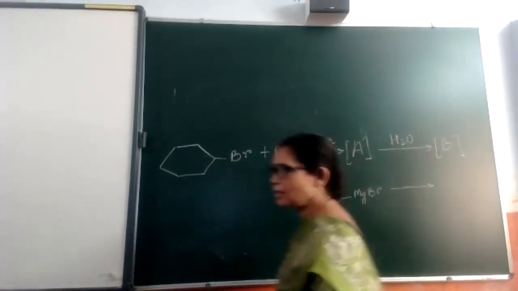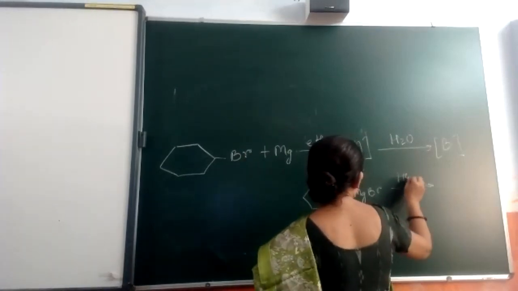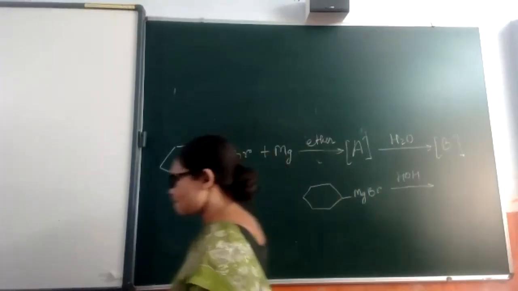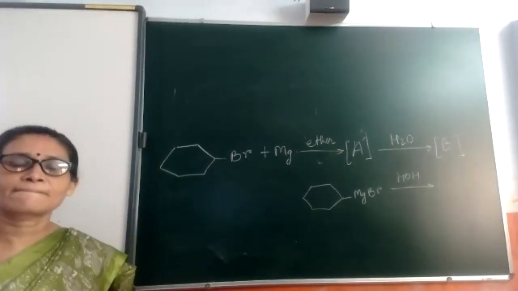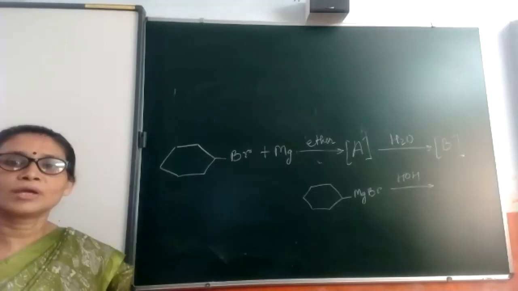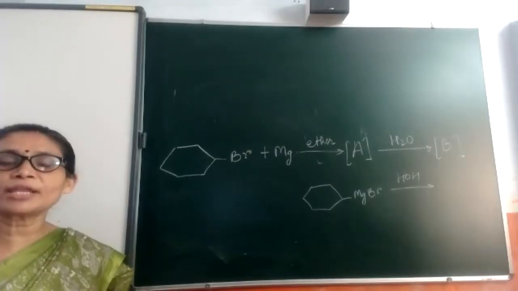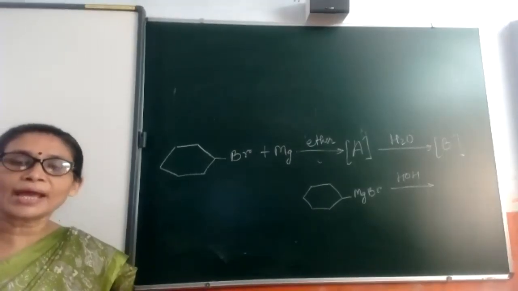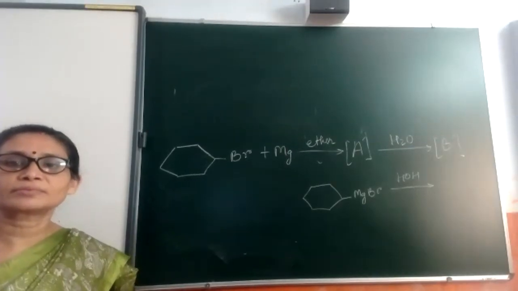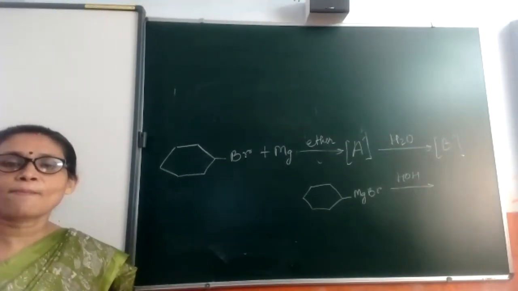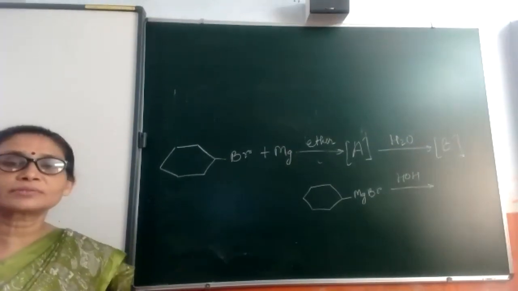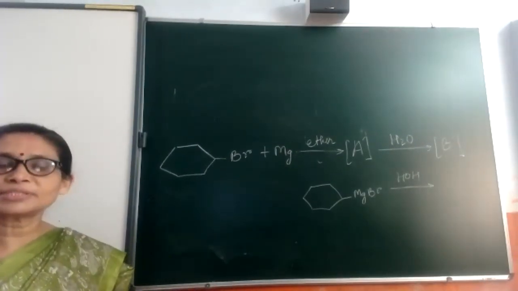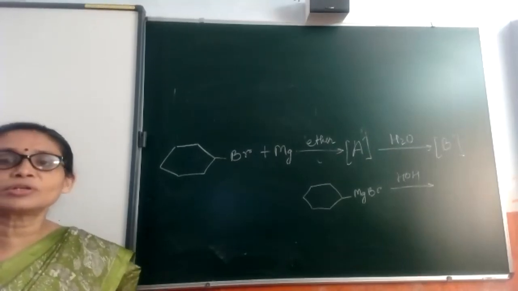And B will be... one question was there that why while preparing Grignard reagent anhydrous condition is required. You will get this answer from there. So let me see anyone is giving the answer or not.